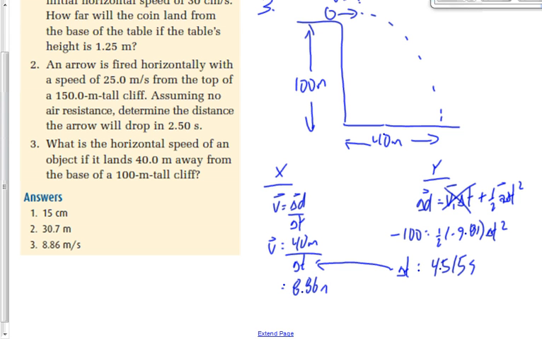Can anybody explain to me? I asked this question on Friday, but I'll ask it again. Why is this velocity and this velocity different? Why is this displacement and this displacement different? Why is this time and this time not different?